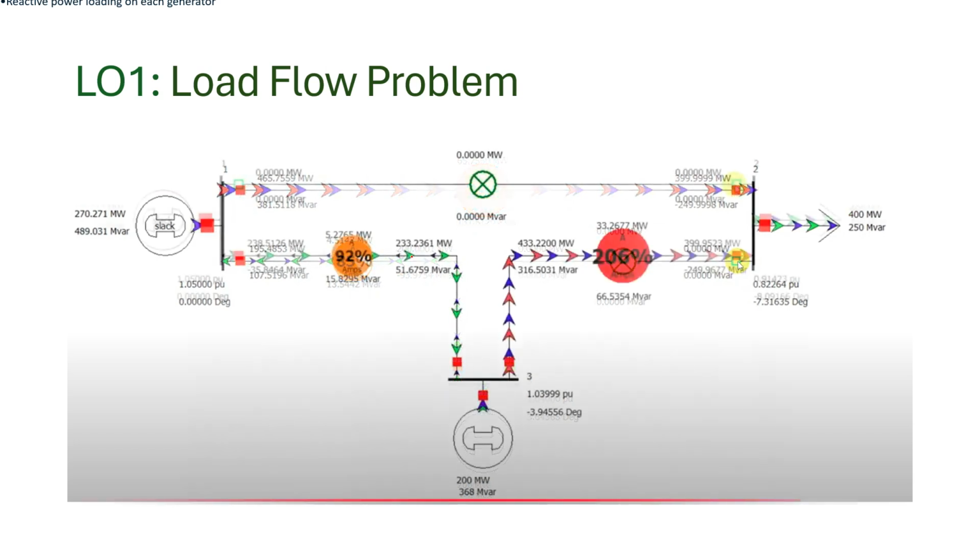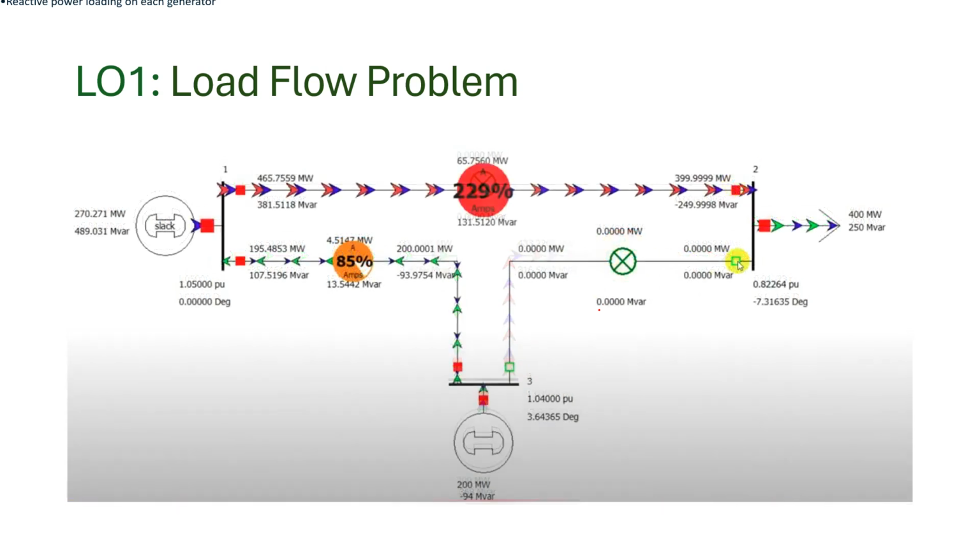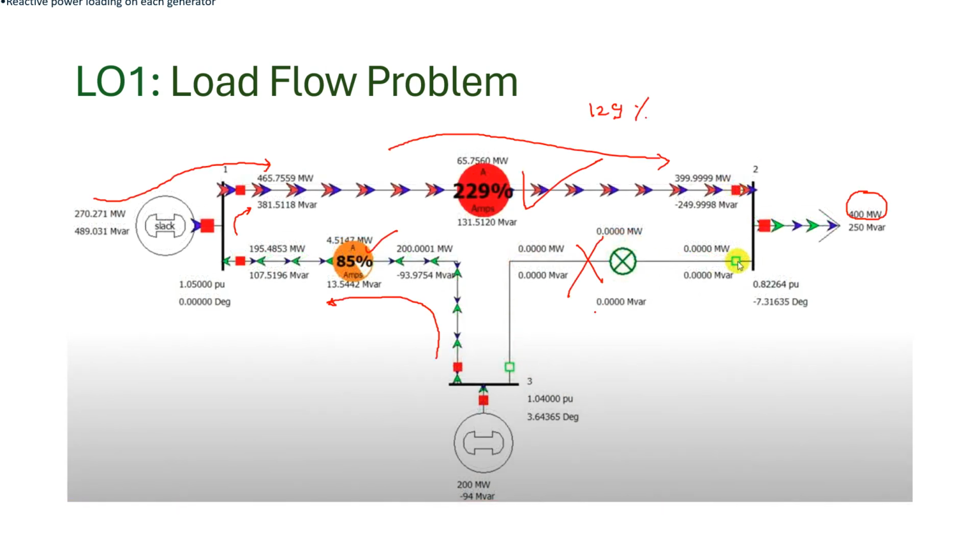Now let us see another scenario. Suppose this line is gone off, and under this load condition you perform load flow. Then we can see this line is going to be overloaded at 106% capacity. So we need to take care of it.